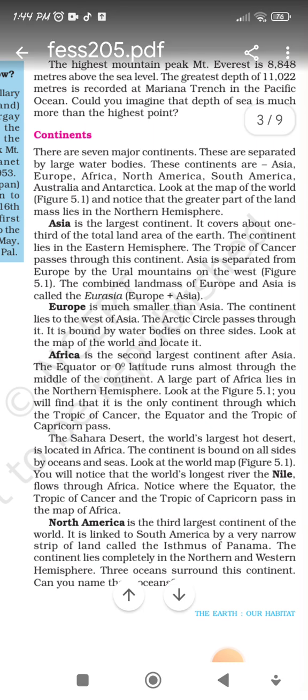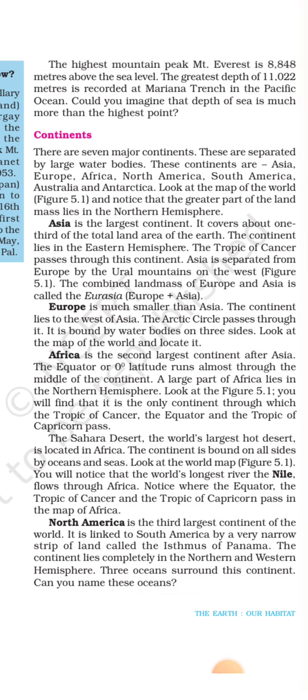Now if we talk about North America, it is the third largest continent of the world, and it is linked to South America by a very narrow strip. It is called the Isthmus of Panama.